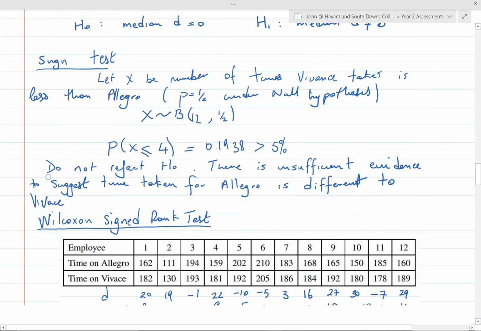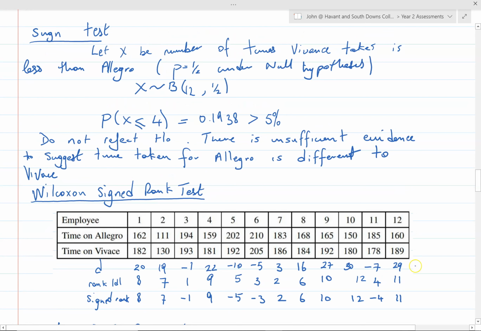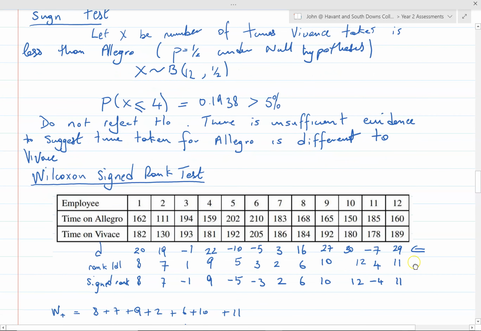The Wilcoxon signed rank test. I've written the tables of differences up again now, but this time we have to do a bit more work. We have to rank them. Remember, I talk about the absolute ranks first of all. So, for example, employee 3, the difference is only 1, so that's the smallest.